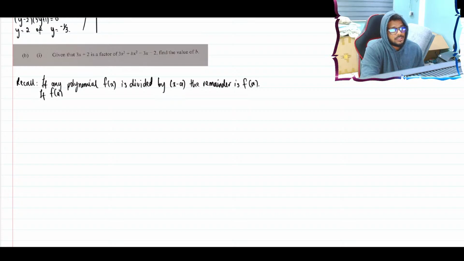If f of a is 0, x minus a is a factor of f of x.